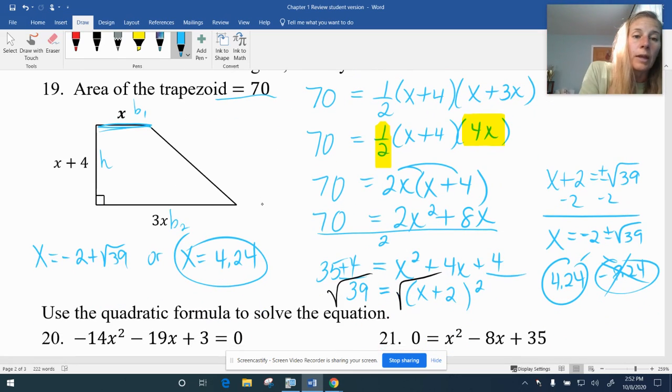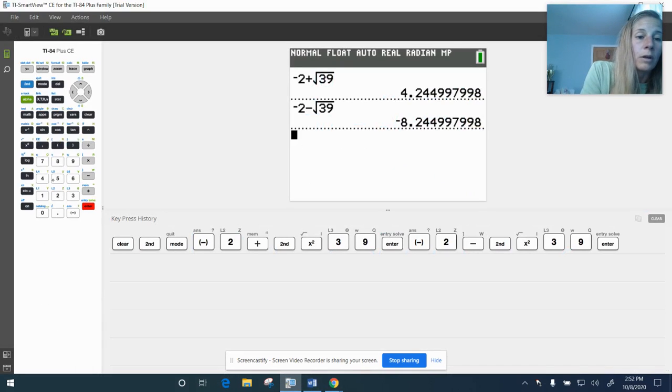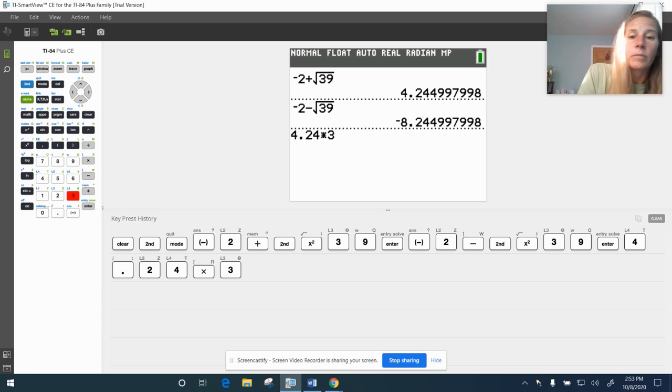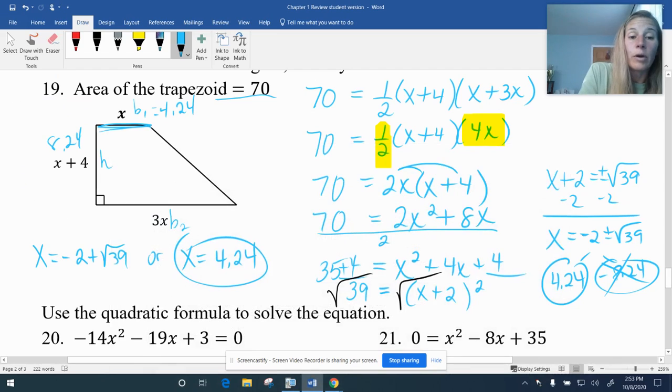If you were to plug that in, then you know this is 4.24. This here would be 8.24. And 4.24 times 3 would be 12.72 approximately. Okay, so those would be your dimensions.